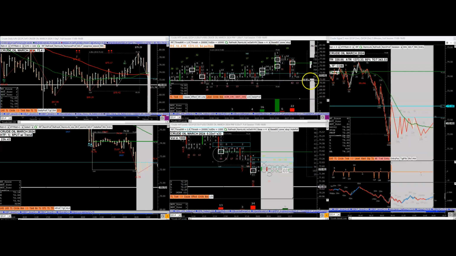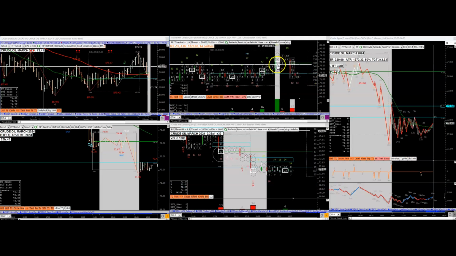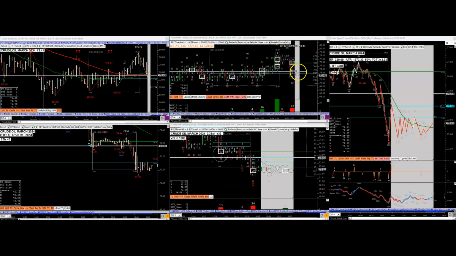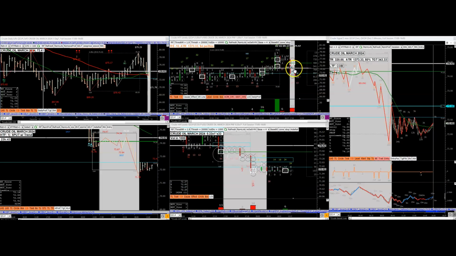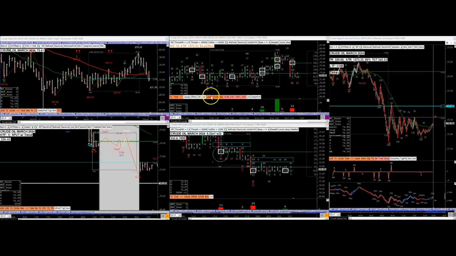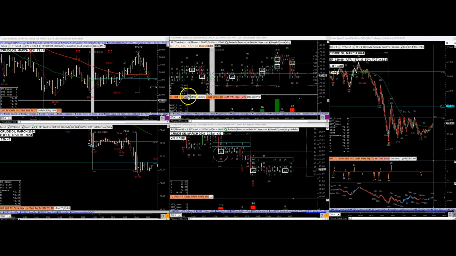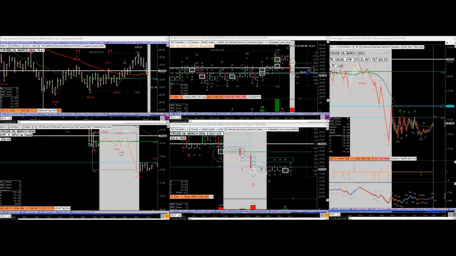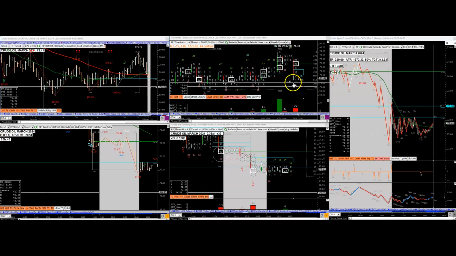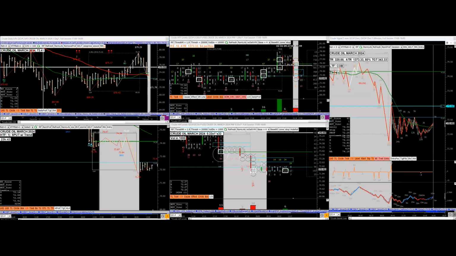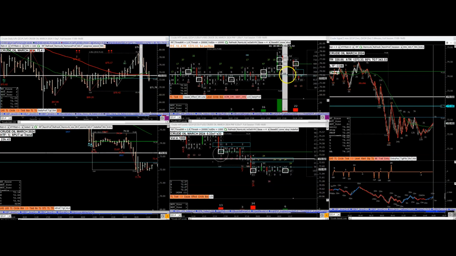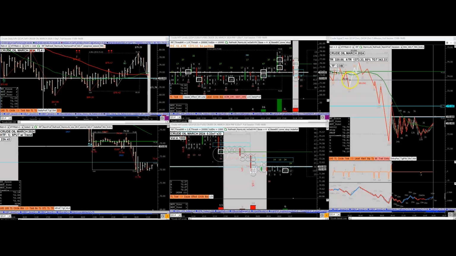Obviously, it would be great if you get a deep pullback to the 26s, but most likely it'll be a pullback to the 16. So that's the area that I'm going to be looking at. Can it go up to that 16 area? It's possible, but depending on how much of a retracement we get.